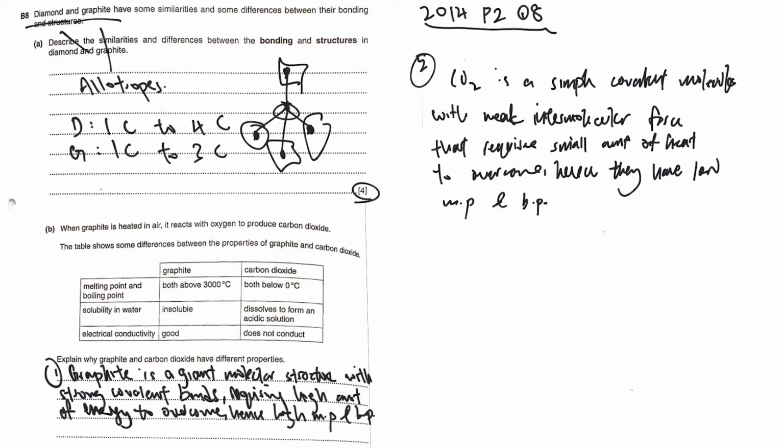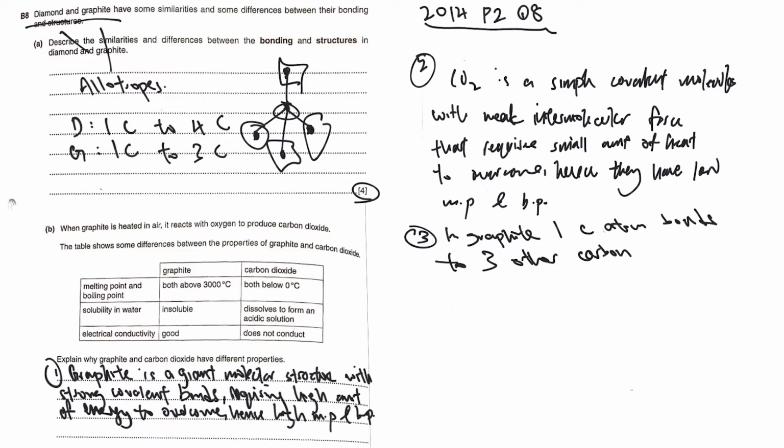Alright. Now for the third point, what else do we know about in terms of the structure? Right. So in graphite, one carbon atom bonds to 3 other carbon atoms.